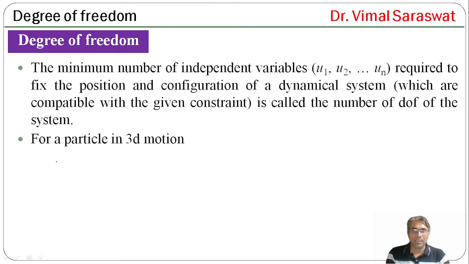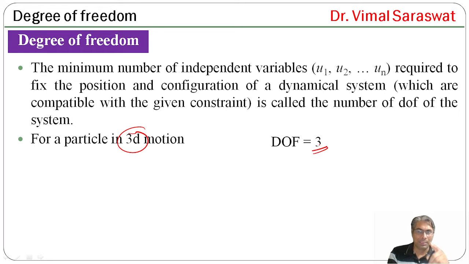For a particle in three-dimensional motion, we have 3 degrees of freedom. One corresponds to motion in the x direction, one to motion in the y direction, and one to the motion along the z direction.